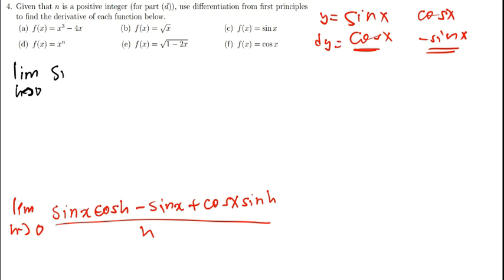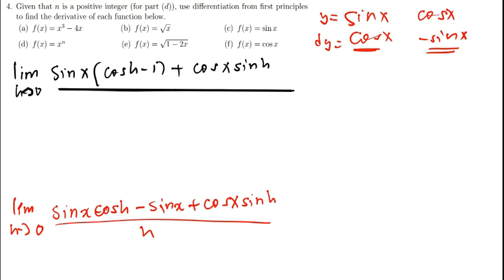I'll have sine x, open brackets, then I'll remain with cos h minus 1, plus this is going to be the same. I divide everything by h. Let's try to understand something. If I have x plus y divided by 2, it is basically the same as x divided by 2 plus y divided by 2.